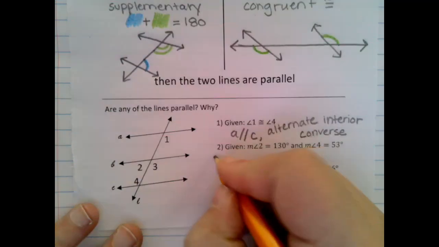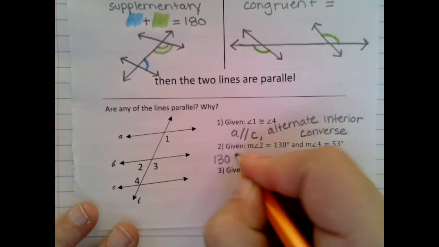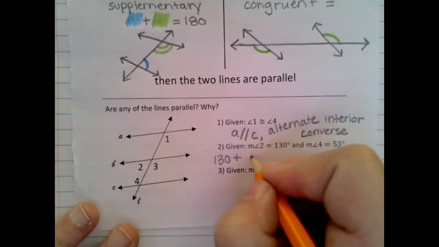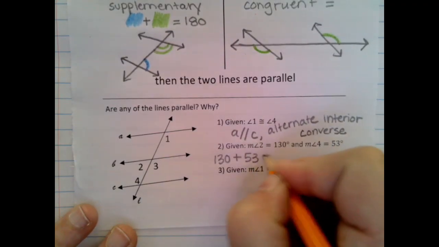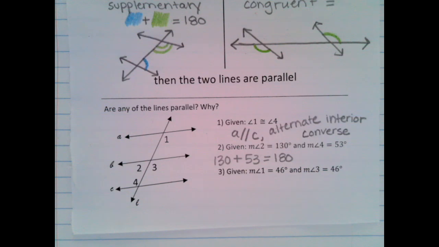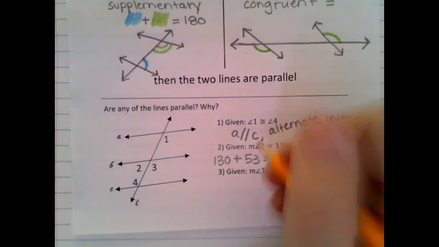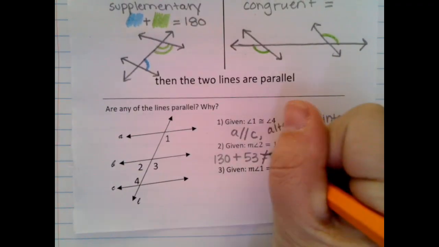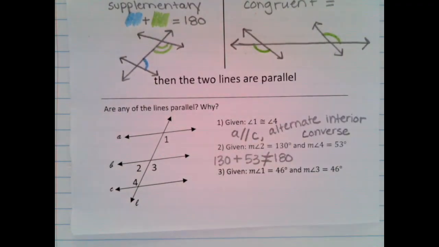If I do 130 plus 53, is that equal to 180? Does 130 plus 53 equal 180? No. Nope. So I'm going to put a little slash through that equal, saying they're not equal. It's not equal. So I can't come up with a conclusion.